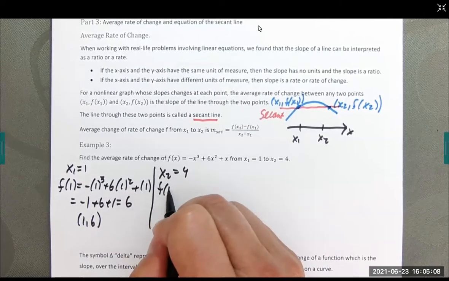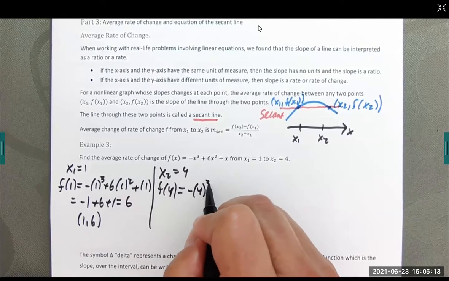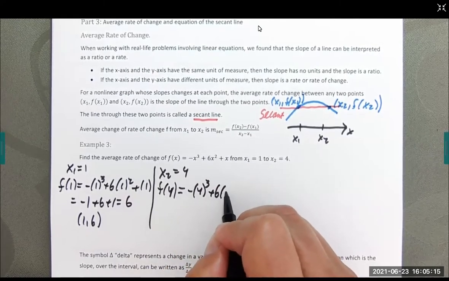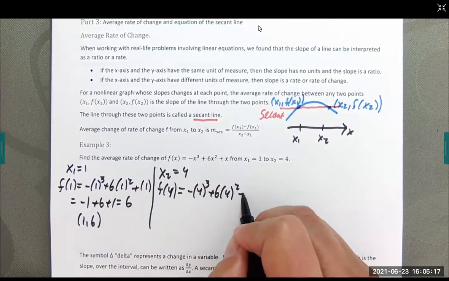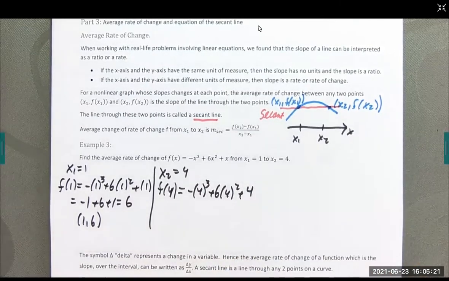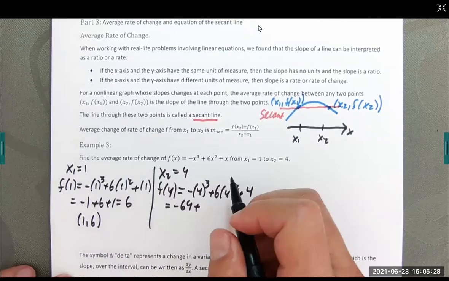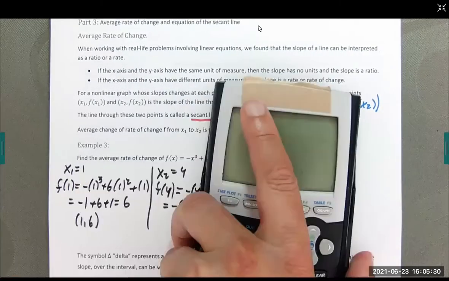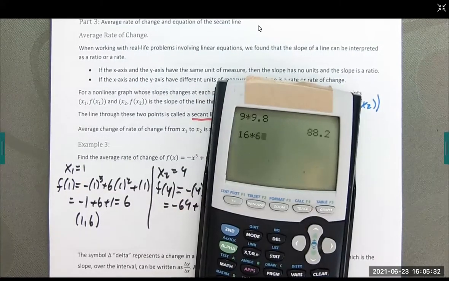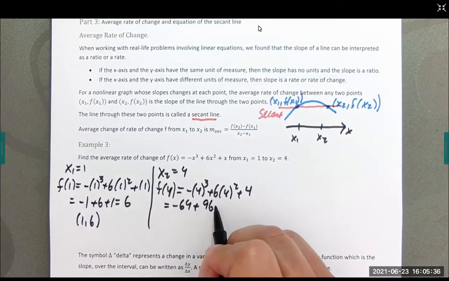f of 4 is -4 cubed, plus 6 times 4 squared, plus 4. So this is -64 plus 16 times 6. Let's see what that is. 16 times 6, 96. Plus 4. Let's see what we get.